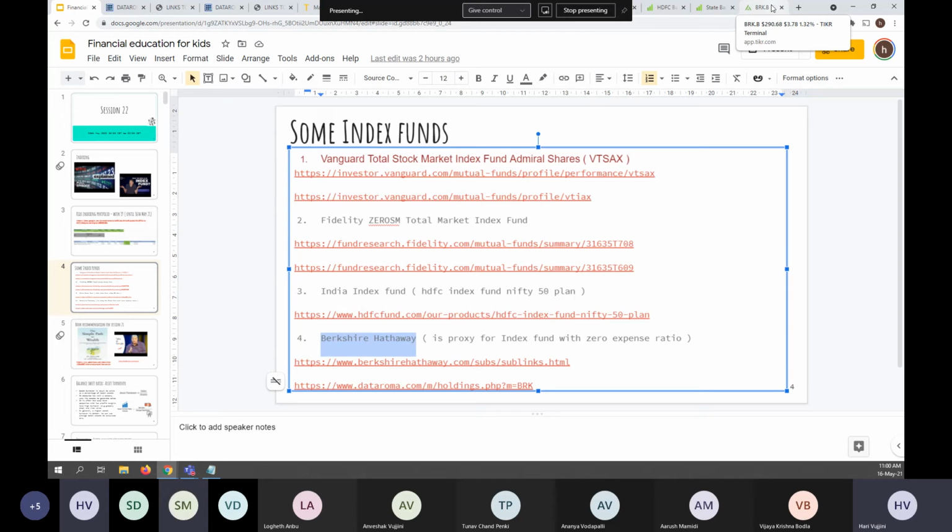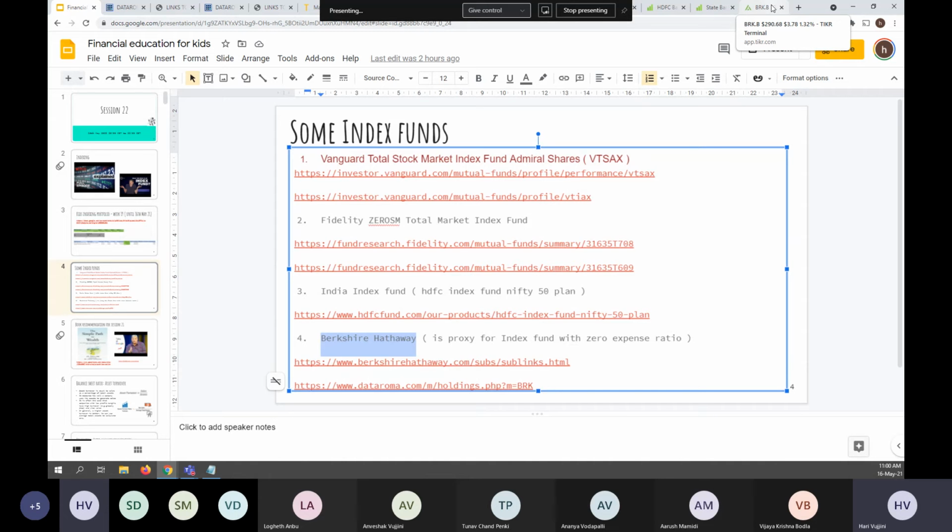So it became a 600, 700 billion dollar company. When the market cap of a company goes above a certain value, index funds are forced to buy those companies. So all of a sudden, if you buy an index fund of Vanguard today, you also get Tesla because the market cap of Tesla went up. So index funds have this flaw or disadvantage that they are being forced to buy companies based on the market cap.